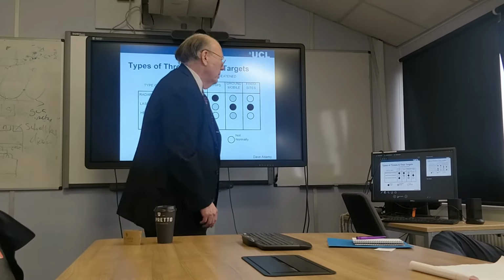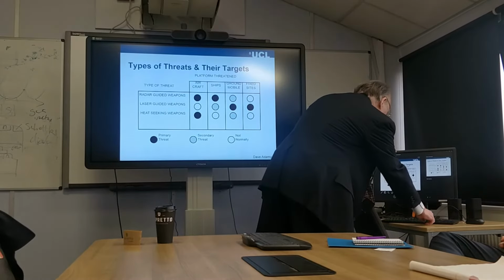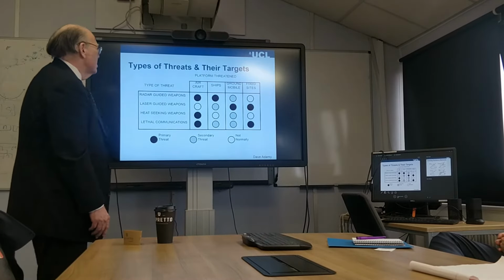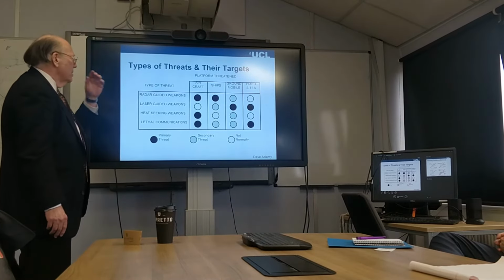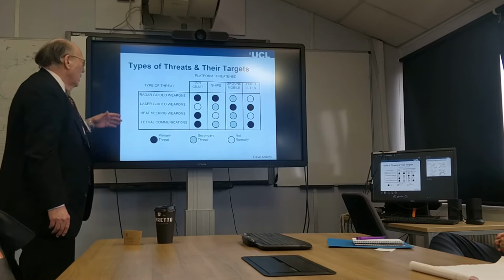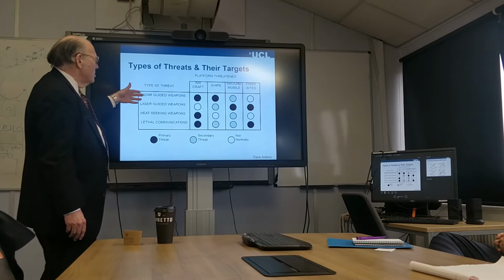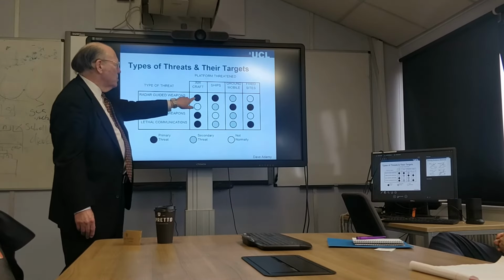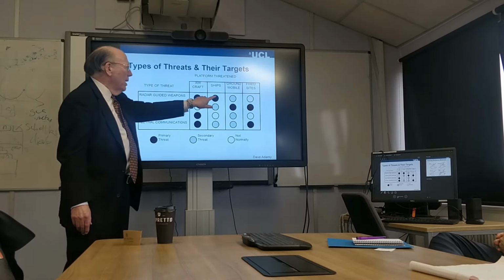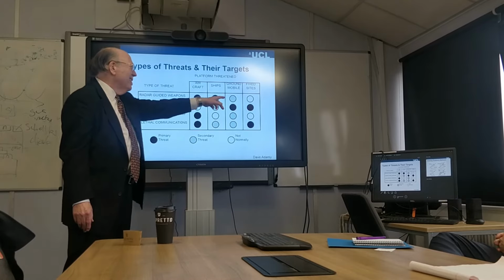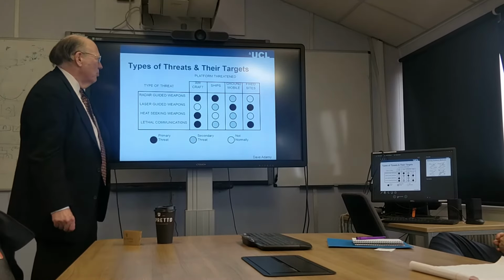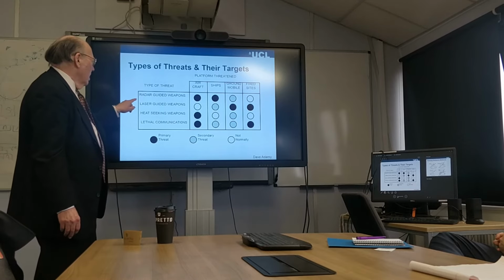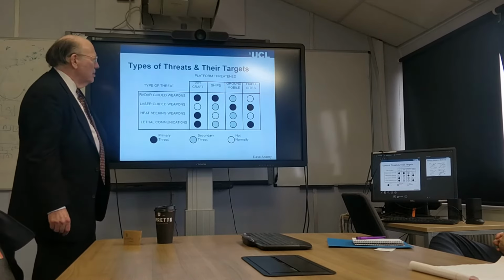So, if you look at air defense threats and the kind of targets that they typically engage, we've got radar-guided weapons. Radar-guided weapons usually are used against aircraft and ships, occasionally against ground mobile targets, not normally used against fixed sites. We have laser-guided weapons.